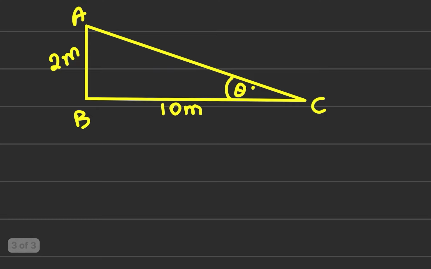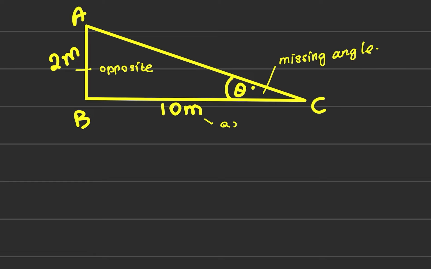Alright, so in this case, we're given a missing angle. And we've been given the opposite as well as the adjacent. So what formula would go along with the opposite and the adjacent? That would be tan.